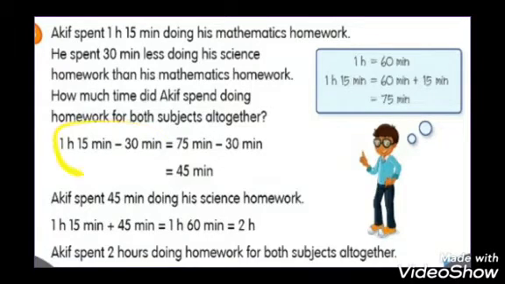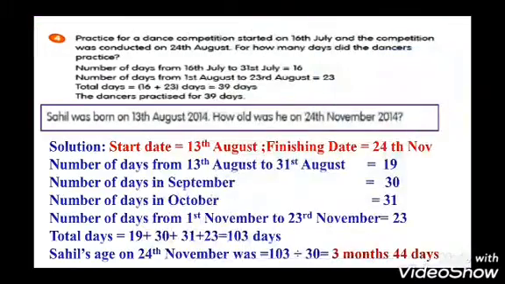So we will subtract 30 minutes from 1 hour 15 minutes. We can convert 1 hour into 60 minutes plus 15, 75 minutes. 75 minutes minus 30 is 45 minutes. So he took 45 minutes to do his science homework. So the total time taken will be time taken for maths homework and time taken for science homework. The time is 1 hour 60 minutes, or 2 hours. So this is how we can solve different word problems based on time.